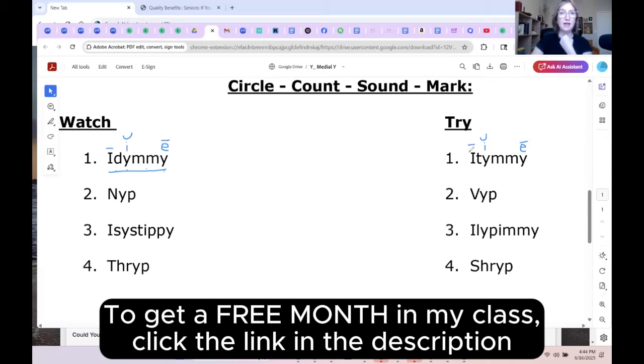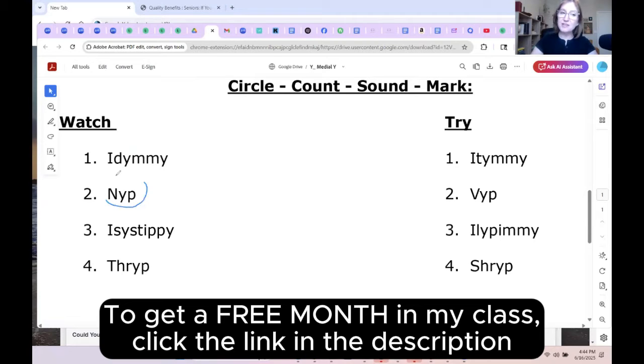So this I says I because there's a vowel 1 or 2 doors down. This I does not get to say I because there's not a vowel in the next 1 or 2 spots. And then Y at the end usually says E. So here we have I, T, I, M, E. Itimmy. So far, so good? You with me? Let's try number 2.